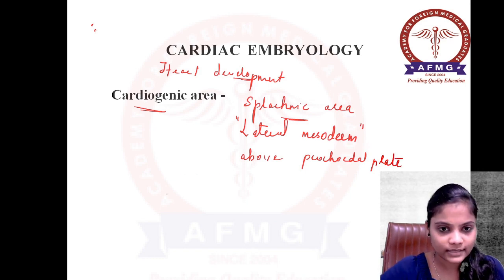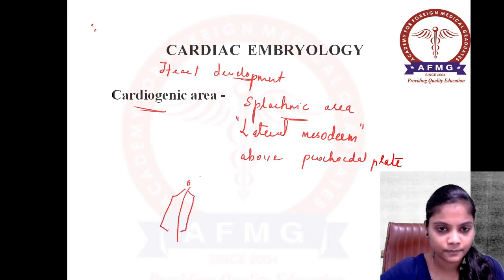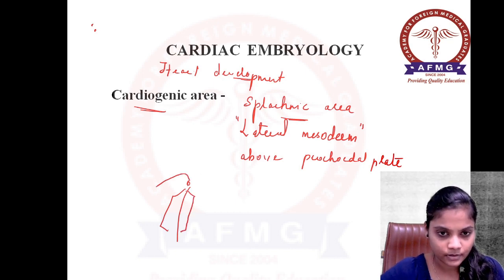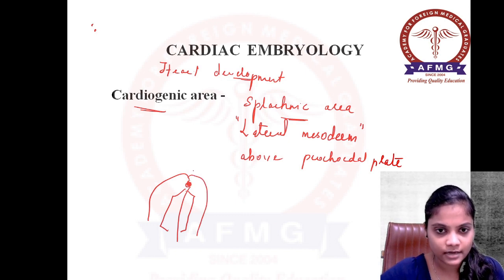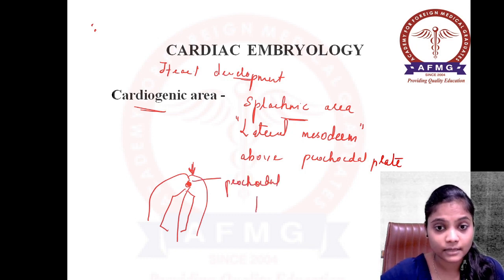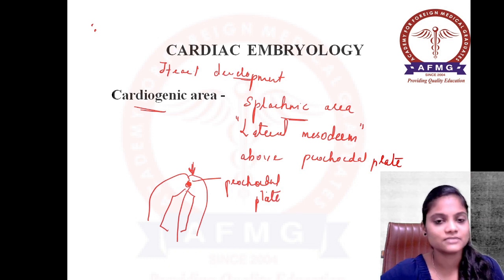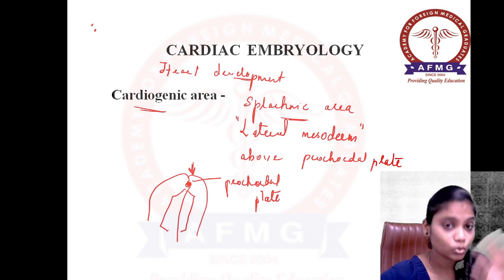How it looks: suppose this is your area, present at the start. This is the procordal plate, and the part above the procordal plate is where the cardiogenic area totally develops.